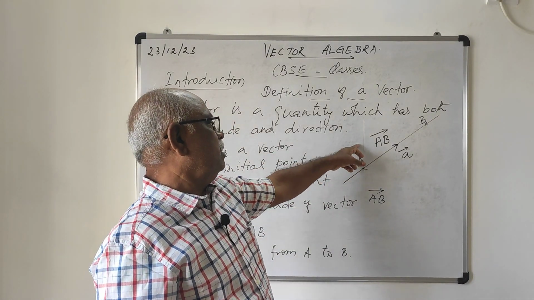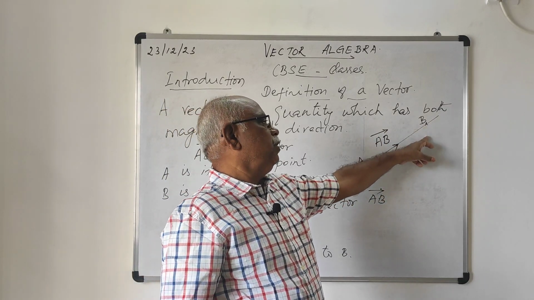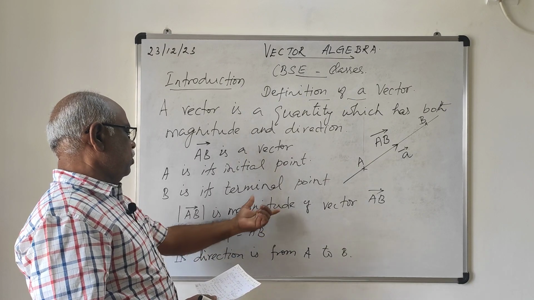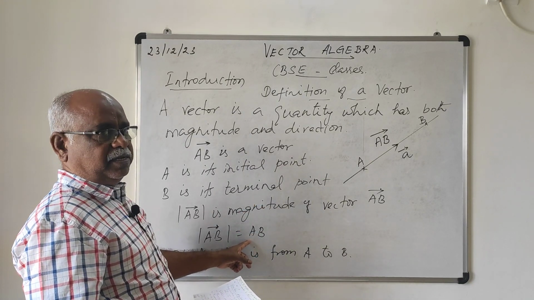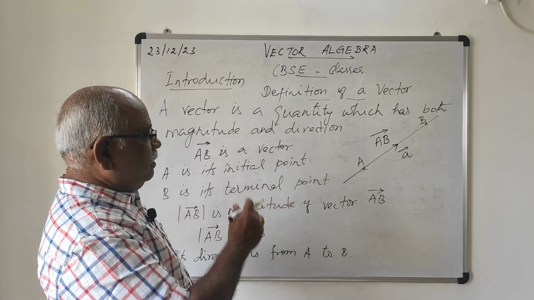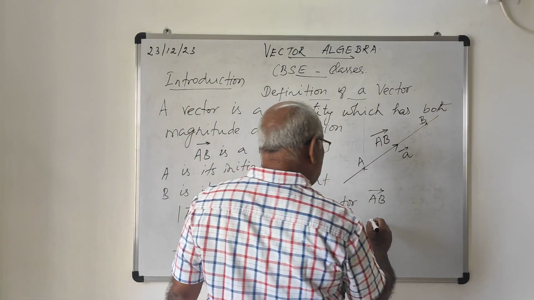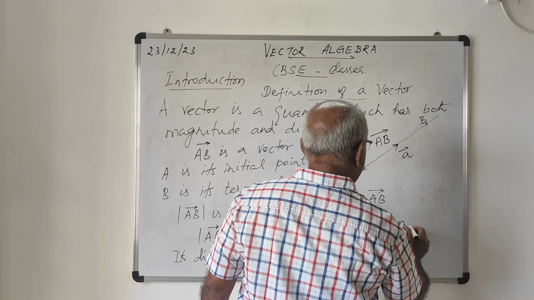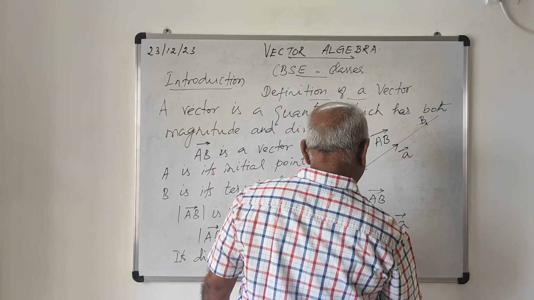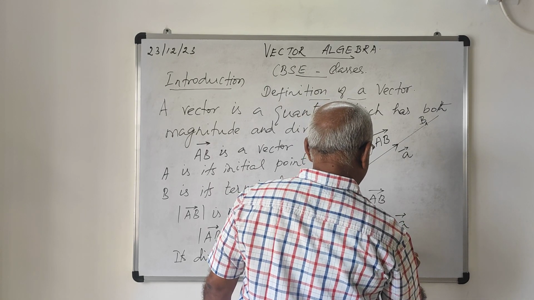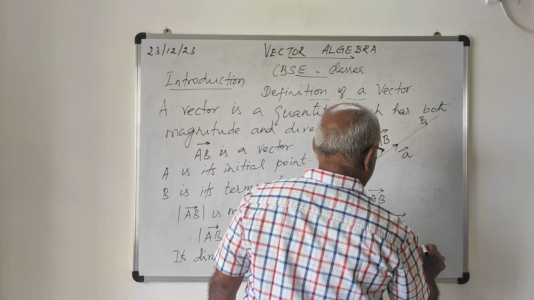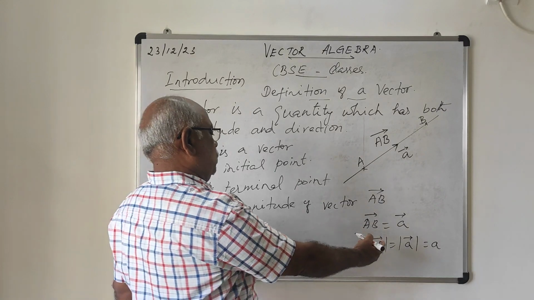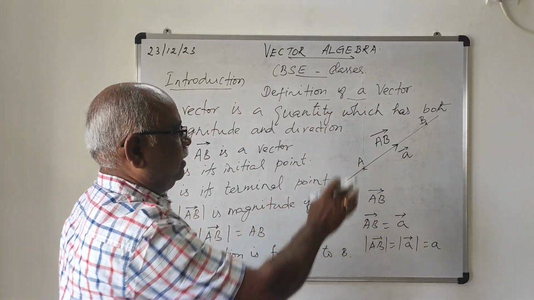AB is a vector whose initial point is A, terminal point is B, its direction is from A to B, and modulus of AB is the magnitude of the vector AB, given as just AB. Also the AB vector is defined by a single letter a vector, and modulus of AB is nothing but modulus of vector a, which is equal to just a. We can define it like that also. This is the definition of a vector.